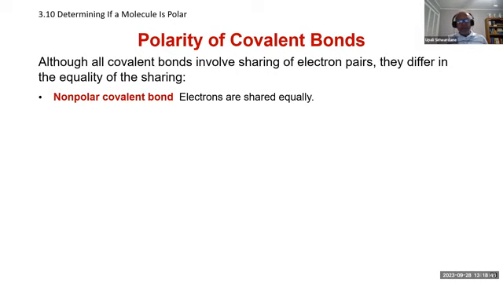Covalent bonds are non-polar covalent bonds when electrons are shared equally. If there is unequal sharing, it's called a polar covalent bond. Unequal sharing comes from electronegativity difference.